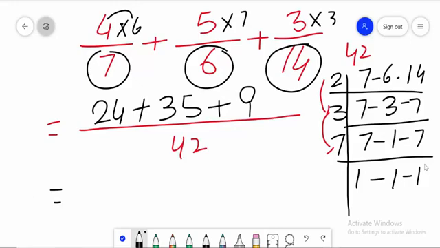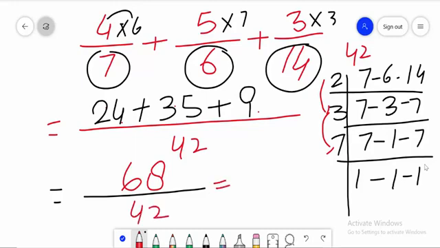Now just add these three values: 24, 35 and 9. 4 and 5 is 9, plus 9 is 18, 1 carry 2, and 3 and 5 is 8, plus 1 is... this gives 68 over 42.